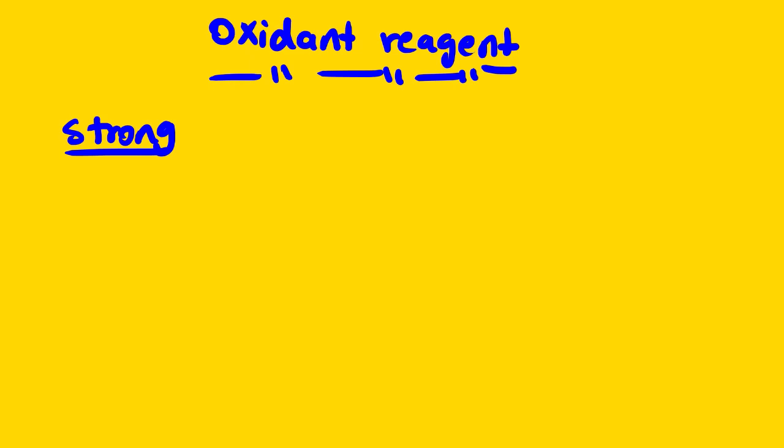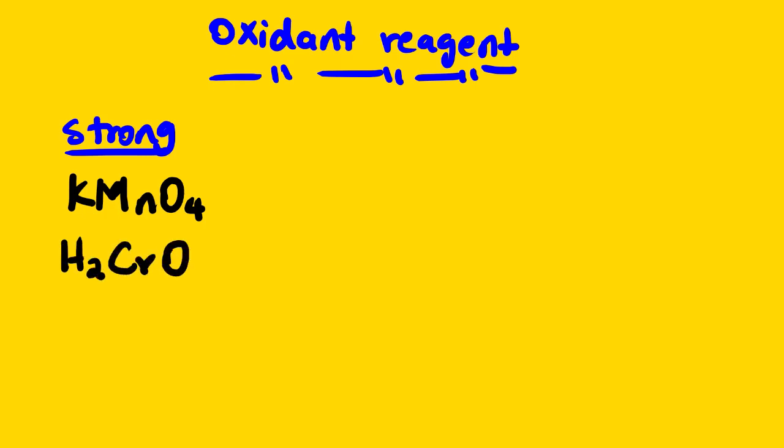So one of the strong oxidants is potassium permanganate. We also have chromic acid.